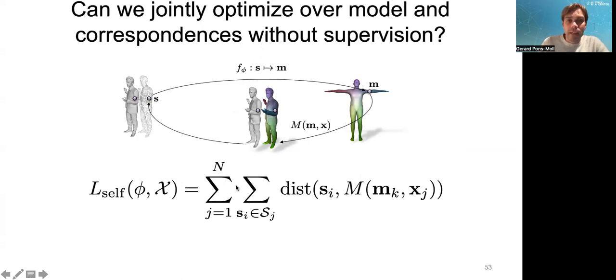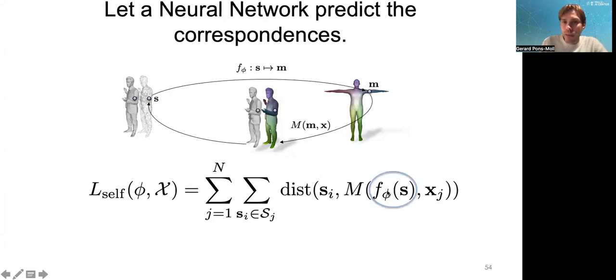So we have a summation over the training data points, registrations in this case, or scans, from J until N. And then for every scan, we have this minimization, which is basically minimizing the distance between scan points and corresponding model points. Which corresponding model point? Well, that's MK. Now this MK will be predicted by the network. So we have this f of phi of S. The network predicts the correspondence for us.